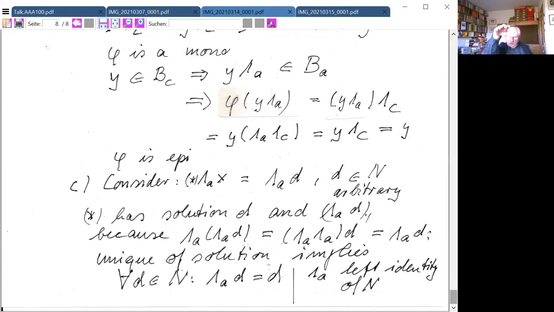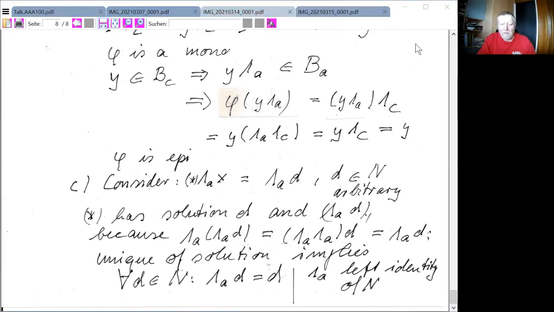Could you move up a bit, please? Next page, please. Günther, could you move up a bit? Yeah.